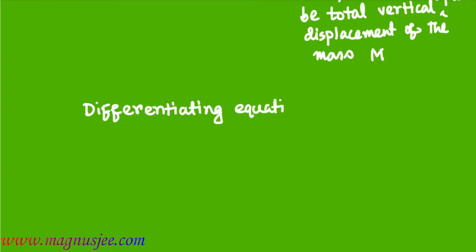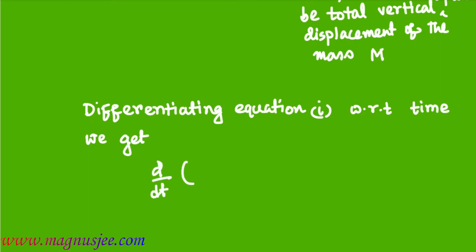Differentiating equation 1 with respect to time, we get d by dt of x square plus y square equal to d by dt of L square.